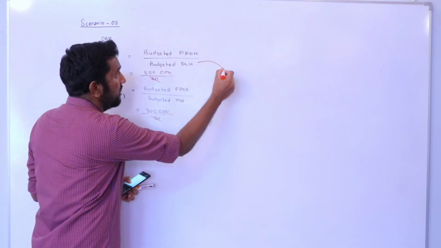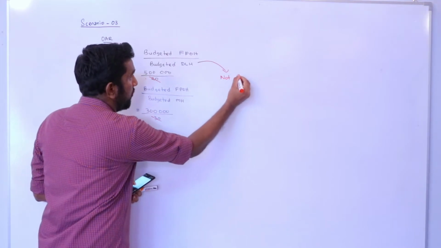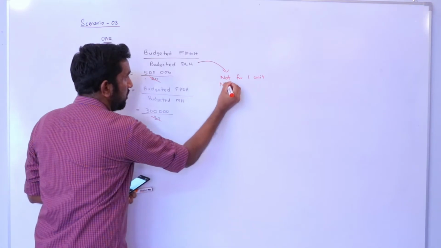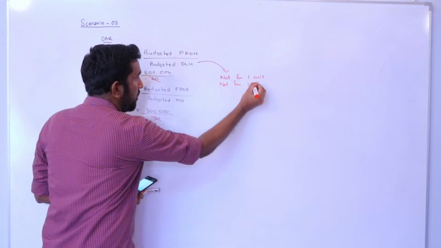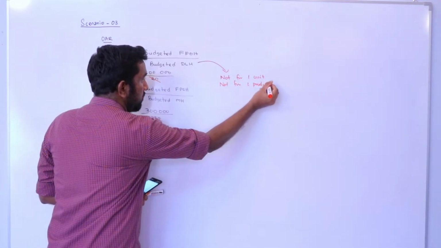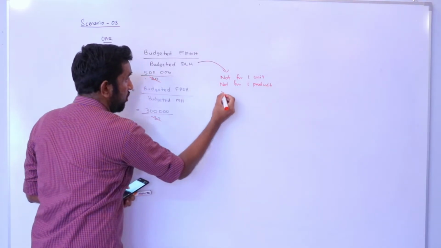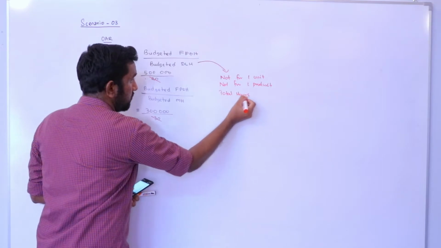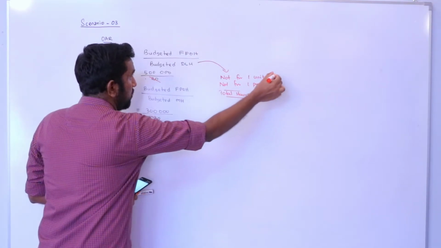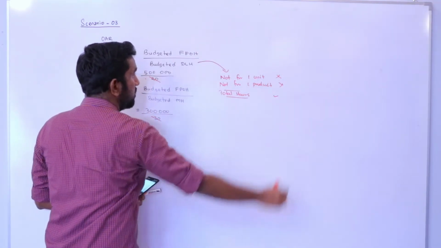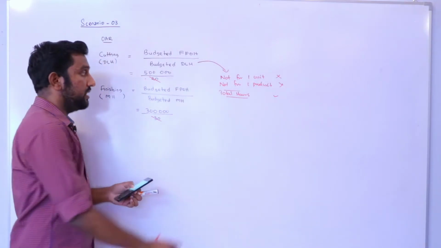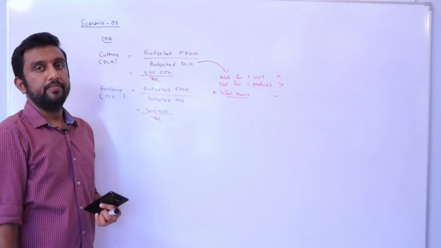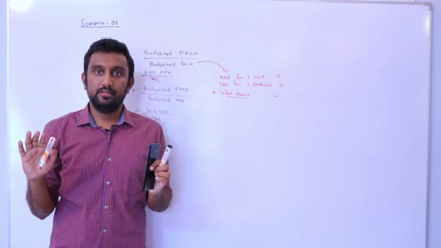This hours is not for one unit, not for one product if we have multiple products. It is for total hours. Not this one or this one, it is total hours we need, right?